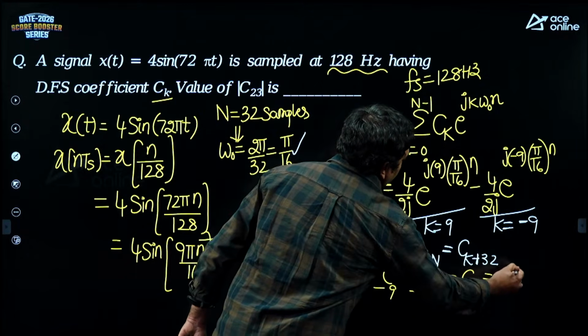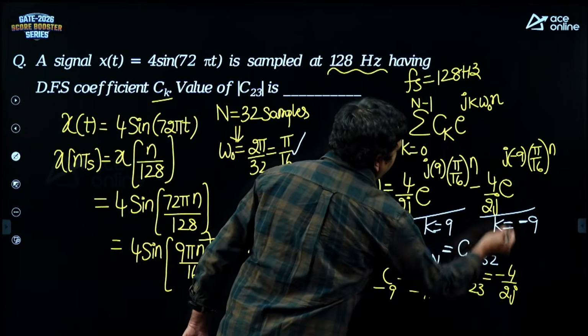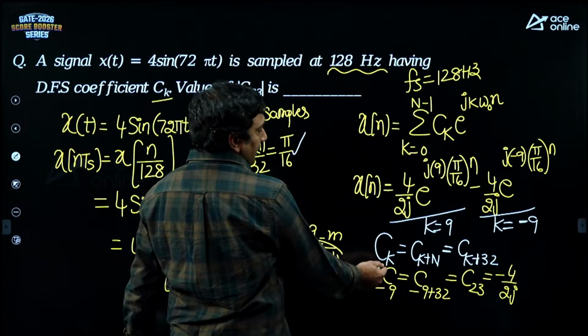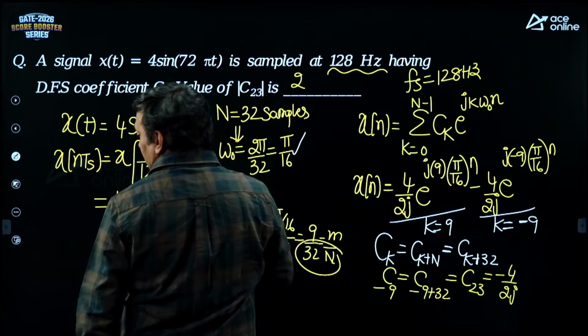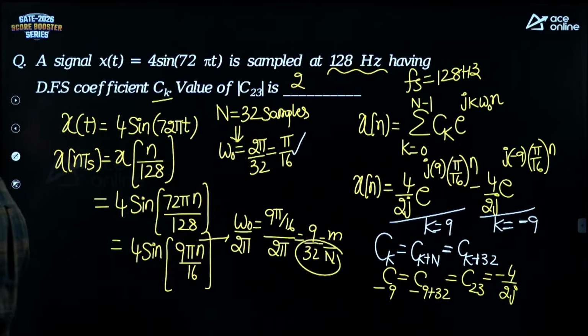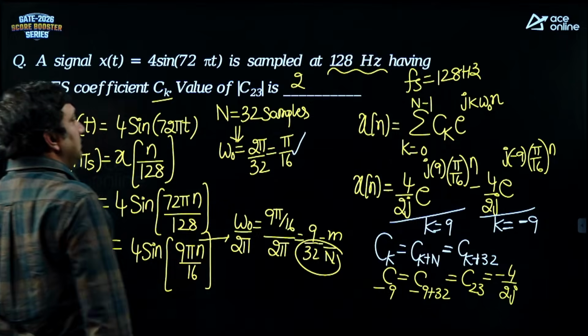That result is minus 4 by 2j by comparison. C suffix minus 9 is equivalent to C23. Anyway, only the magnitude is asked.